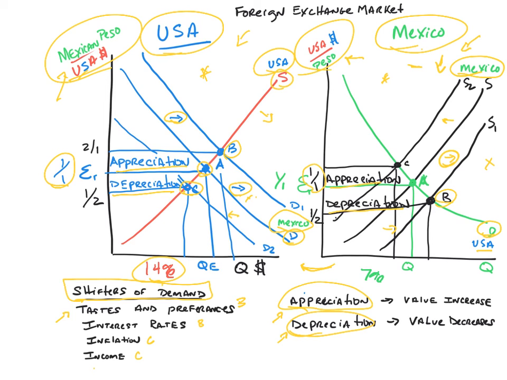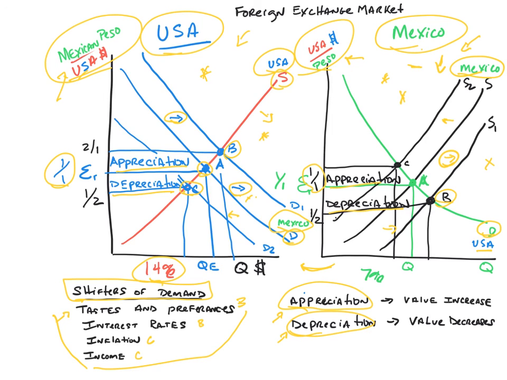So these are the four shifters of the demand curve, and just remember that you have to be able to explain it either way. For example, tastes and preferences. You could have gone with shifting a demand curve to the left over here for Mexico, and shifting the supply curve to the left over here.